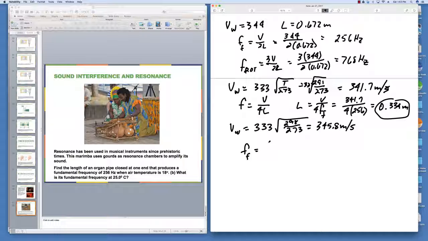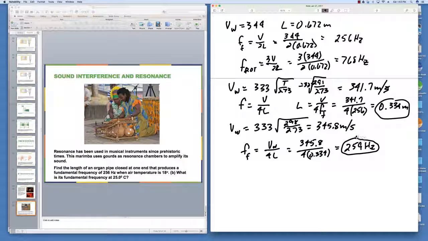The fundamental frequency then is equal to this velocity divided by 4L, which is equal to 345.8 divided by 4 times L, which is 0.334. And that gives you a fundamental frequency of 259 hertz. So it changes by 3 hertz with a change in temperature like that.